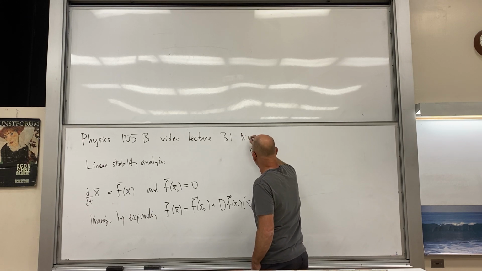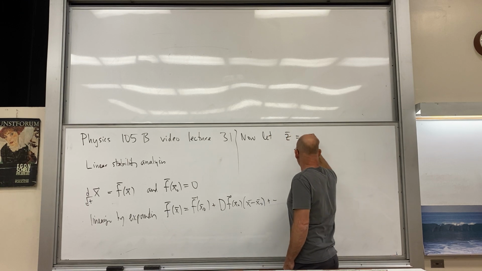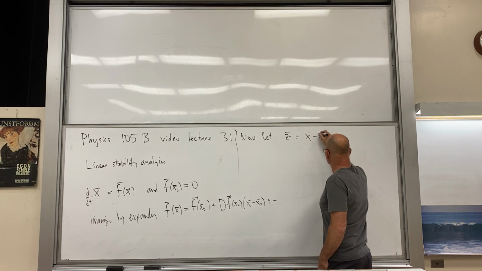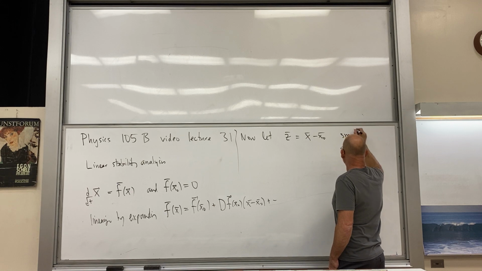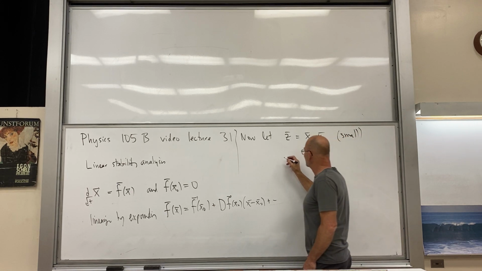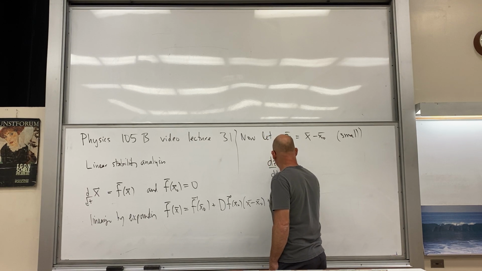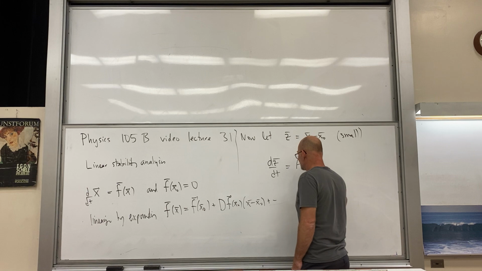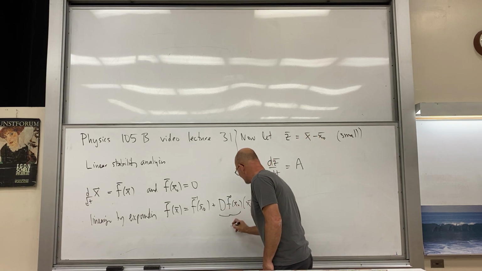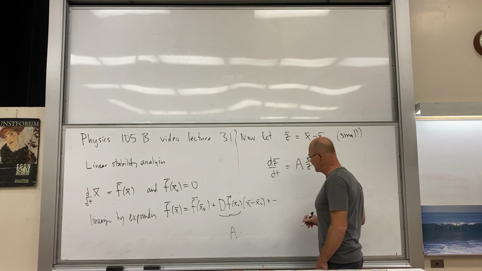Now let z be this small quantity x minus x0. Okay, so that's small, and then we have dz/dt is equal to A, and I'll just say what that is, that matrix A times z.